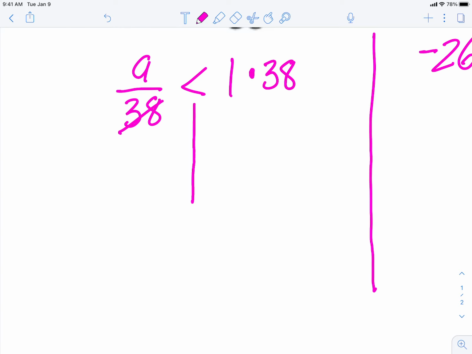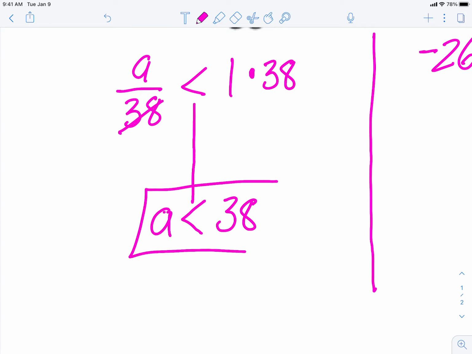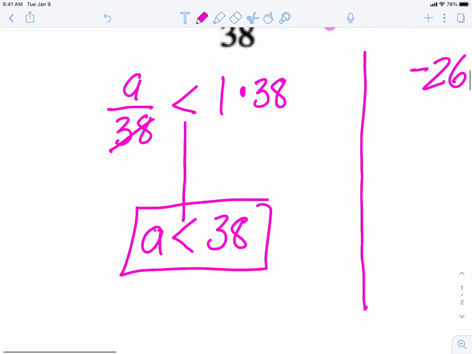So I'm going to bring down my A. That looks like a 9. Let me pick a better A. Right? Now, I did not multiply by a negative. This is a positive 38. So, since I did not multiply by a negative, this arrow is going to stay the same. And 1 times 38 is 38. There we go. So that's our first solution, right?